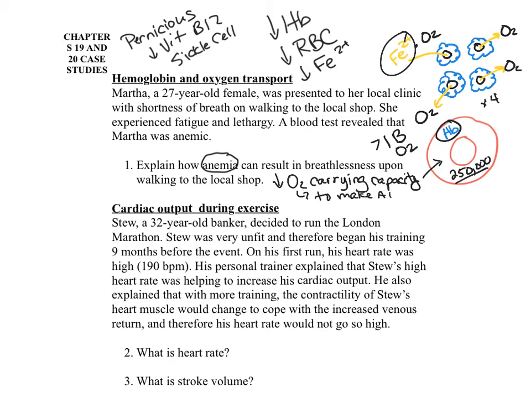If you don't have enough oxygen, you're not going to be able to make ATP, and if you don't have ATP, the muscles can't function properly. And so, of course, when she's walking to the local shop, she's going to experience fatigue because her muscles are tired. They don't have the ATP that they need.